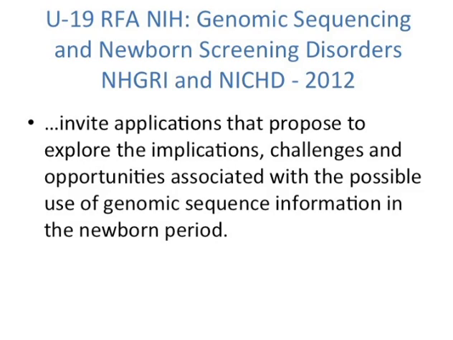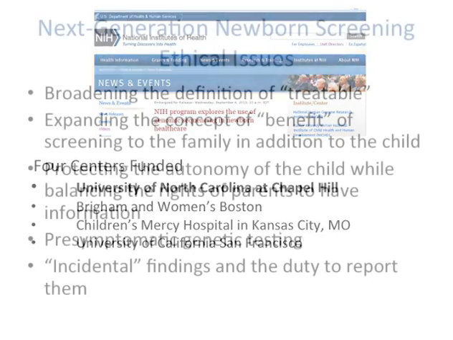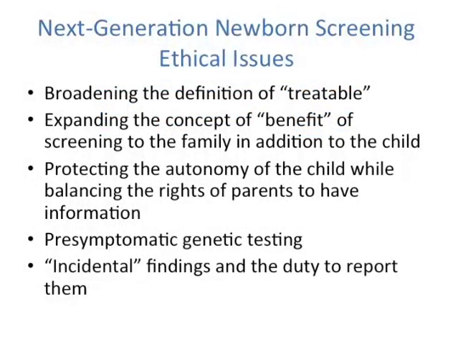And fortunately, we were one of the 4 centers in the country that did receive funding, along with Brigham and Women's Hospital and the Harvard Group in Boston, Children's Mercy Hospital in Kansas City, and the University of California at San Francisco. We're all kind of looking at different areas of this.